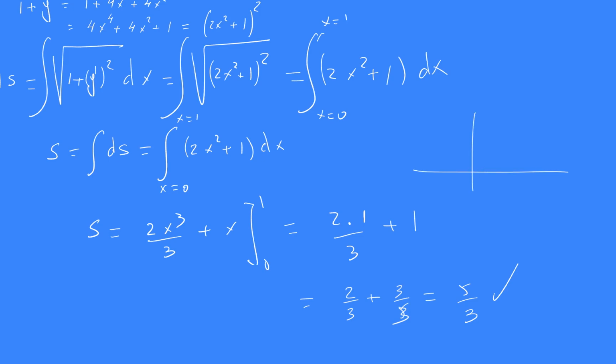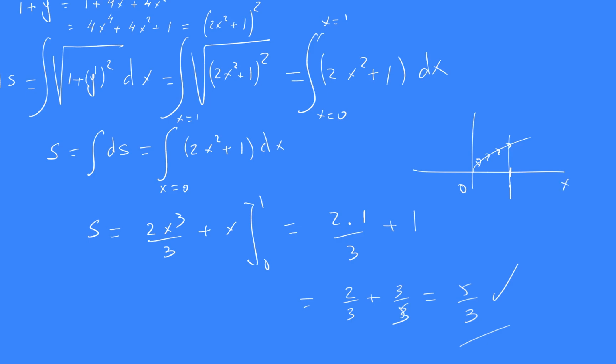So the curve will be something like this, and between 0 and 1, if you walk through the curve, you will walk 5 divided by 3 meters, if x is in meters.